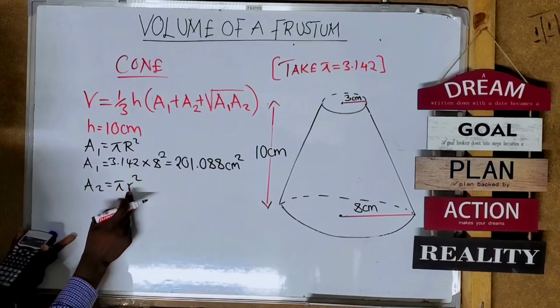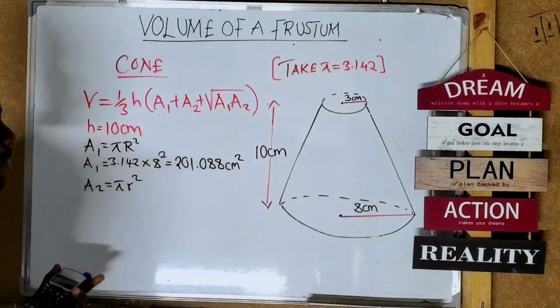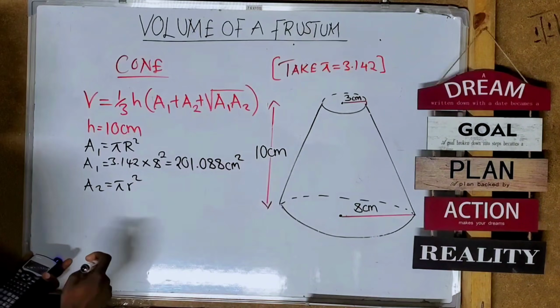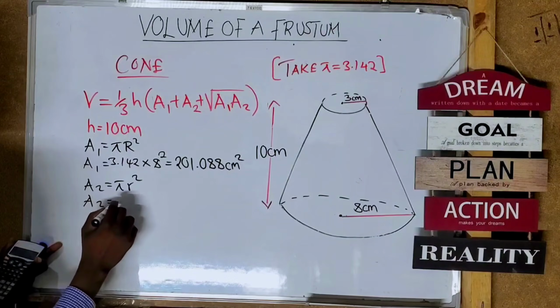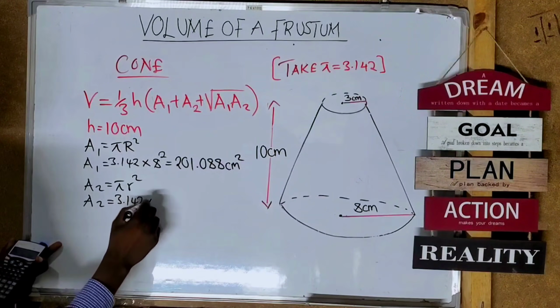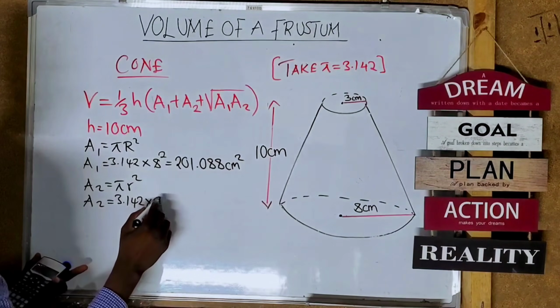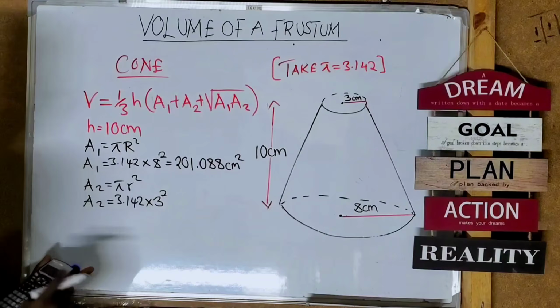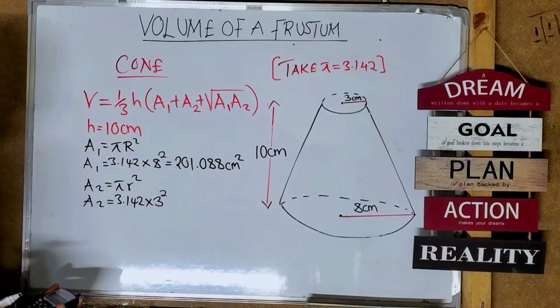Let's now find area 2. I've used a small r this time around because we are finding the area of the smaller circle. So A2 is equal to 3.142 multiplied by the radius of the smaller circle, which is 3, so 3 squared.